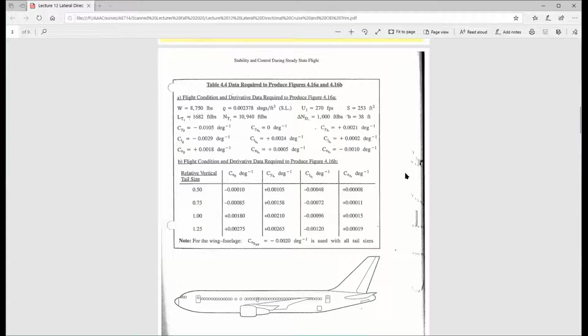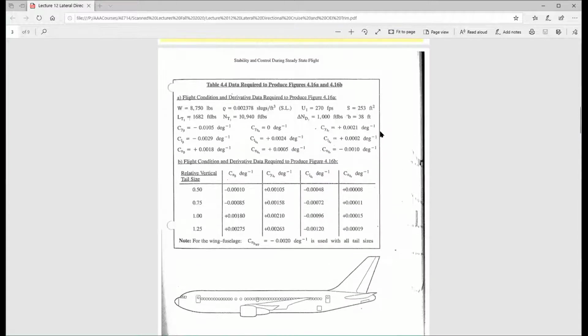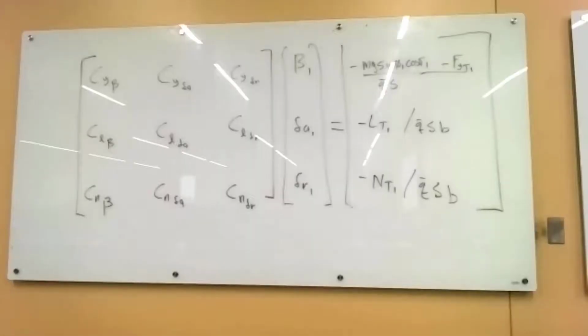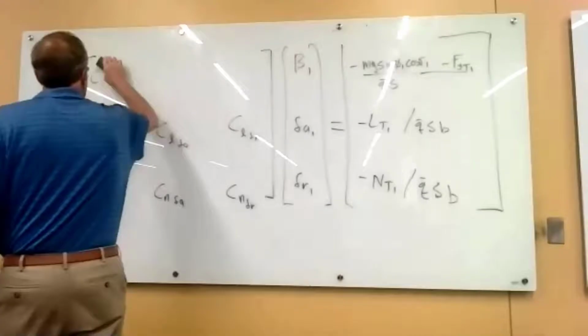You guys wrote down the page. This is in your book again on 223. Is that what I said? Yeah. So I'm going to go in here and write those numbers.